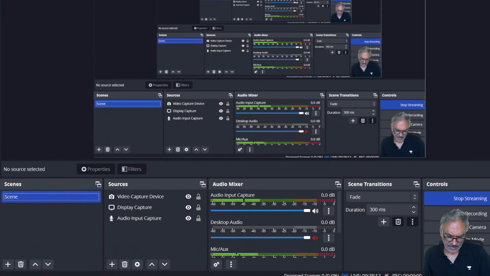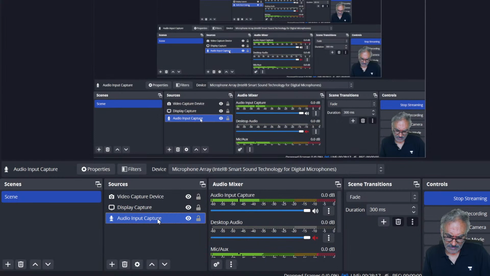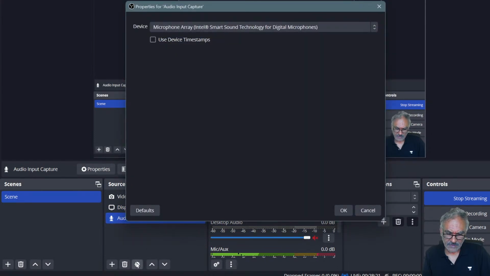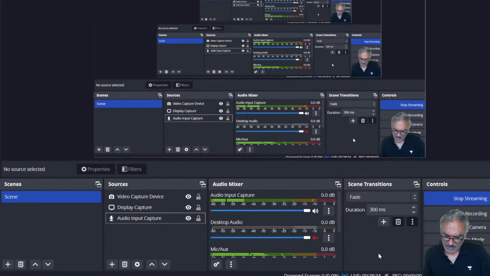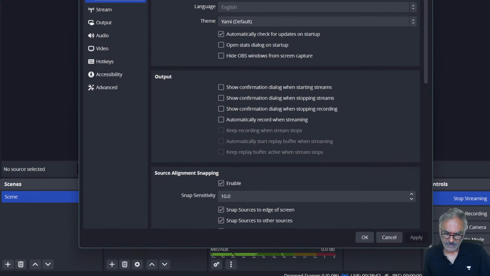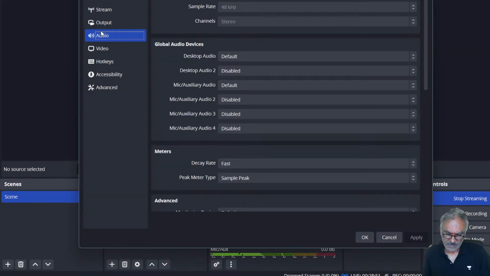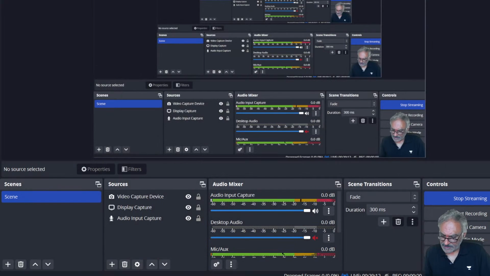Sound system, audio input capture. Okay, let us adjust today.